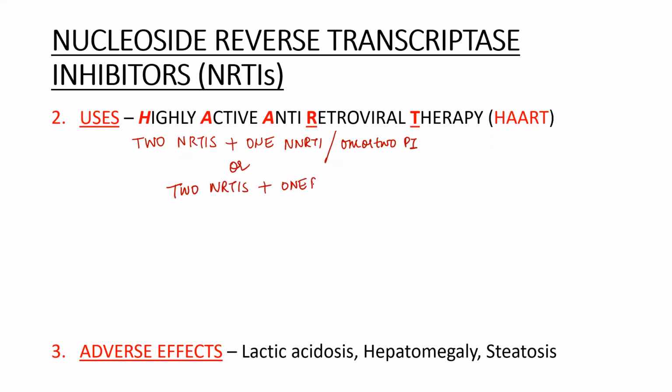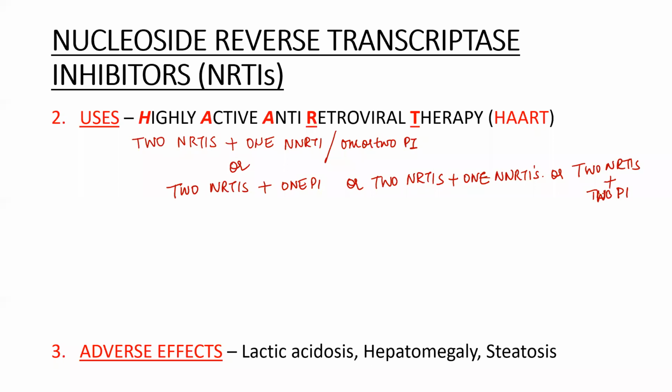Right. Now, there are also other regimens, in which we can include two NRTIs plus one protease inhibitor, or we can also include two nucleoside reverse transcriptase inhibitors plus one NNRTI. Or you can also go in for 2 NRTIs plus 2 protease inhibitors.